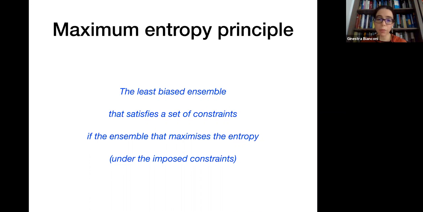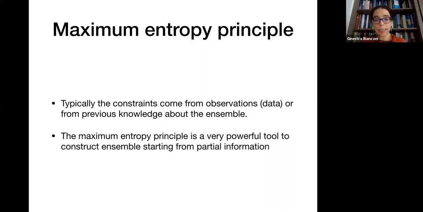So we will use the entropy and its maximization to find ensembles that satisfy given properties. These given properties can come from data or from previous knowledge of the ensemble. It is a very, very powerful tool to construct ensembles starting only from partial data, partial information.